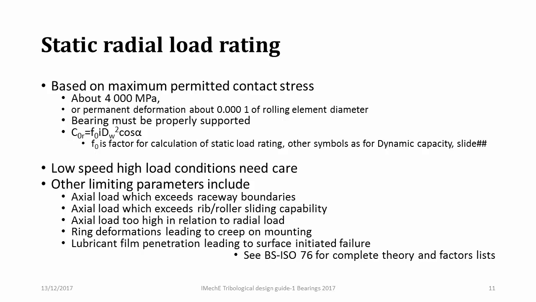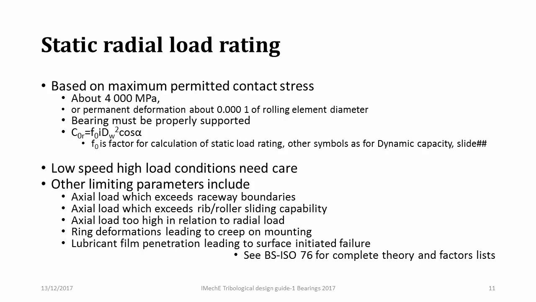So we have a capacity C0R, which has a factor F0, which is used to proportion the static load rating in a similar way to the dynamic capacity. And then the other factors, the number of rows I, the rolling element diameter dW, and the contact angle alpha are just the same as for dynamic capacity.